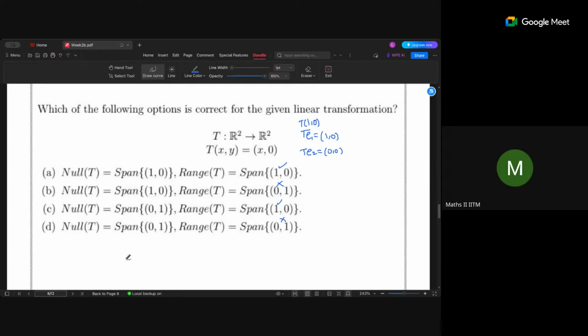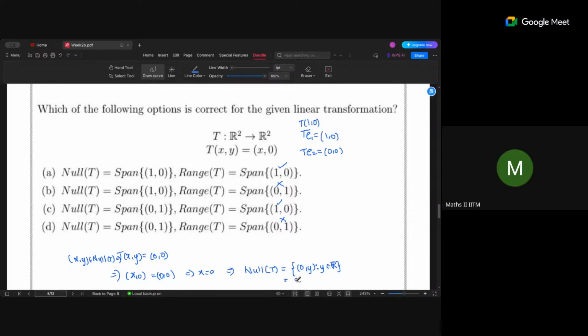And now for looking at the null space, we have to see when T of (x, y) is (0, 0), right? So what is T of (x, y)? T of (x, y) is (x, 0), which is (0, 0). So this implies x is equal to 0. So if (x, y) belongs to null of T, then null of T is equal to the set of all (0, y) in R, right?